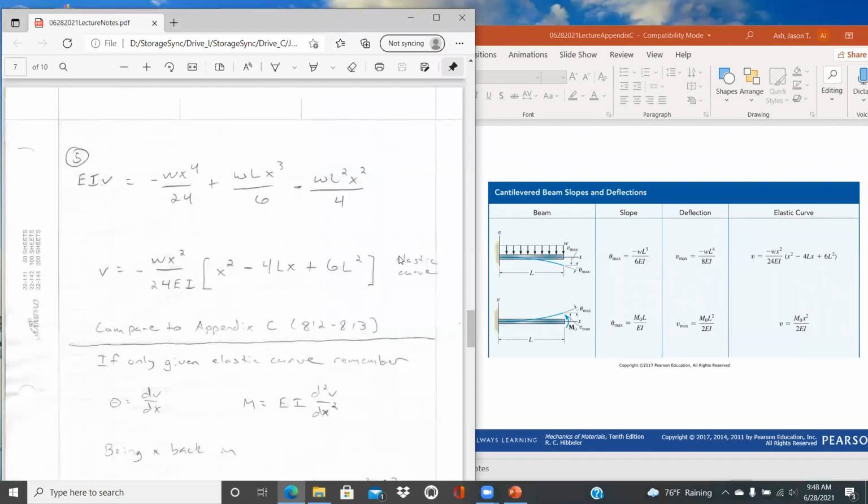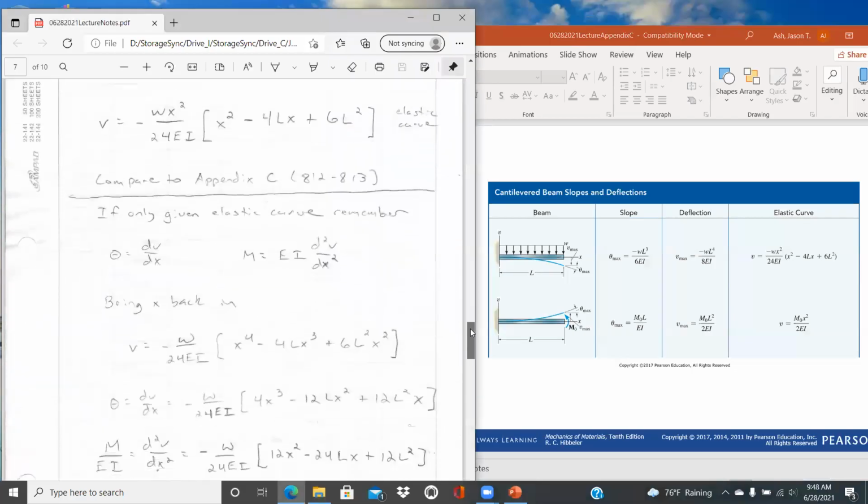And so just making that comparison, minus wx squared over 24EI times the quantity x squared minus 4Lx plus 6L squared, just showing that we were able to derive that elastic curve that shows up in the appendix.